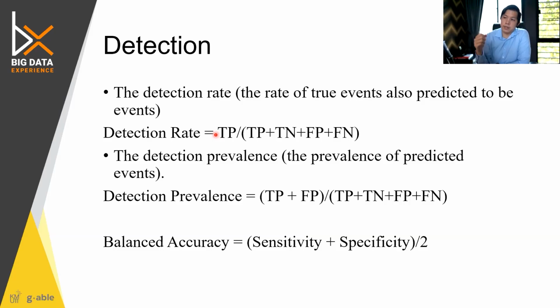So detection rate is the number of true positives divided by the rest. Okay, it would tell the probability or the rate that the true event is predicted out of the whole thing. Think about it in terms of the data point. It would be how many data points you can screen out from the whole data set. Okay, so this is called detection rate.